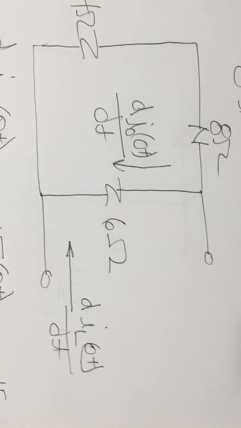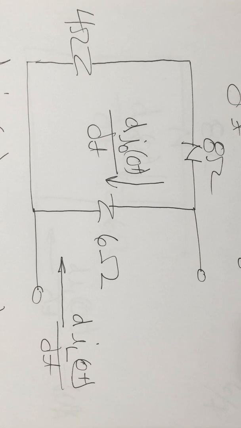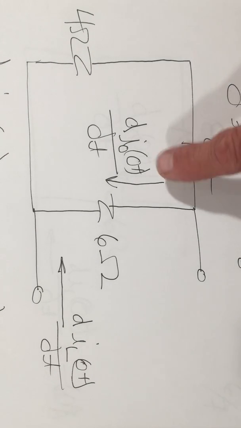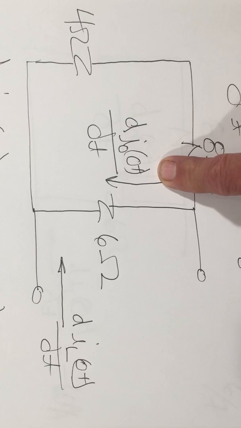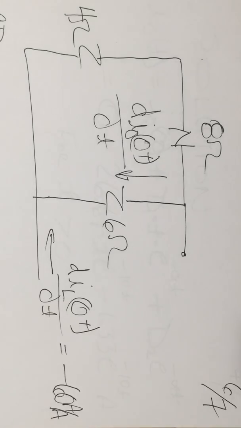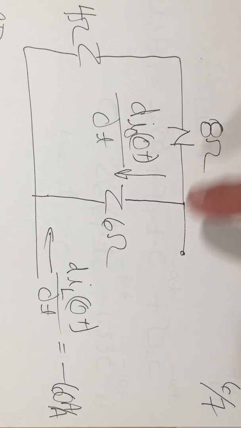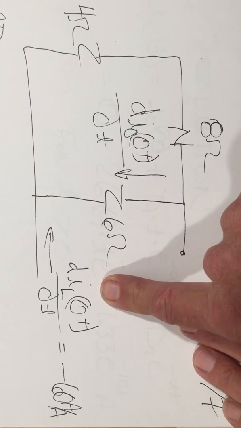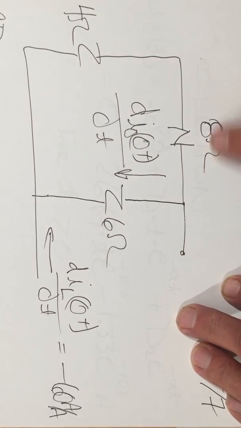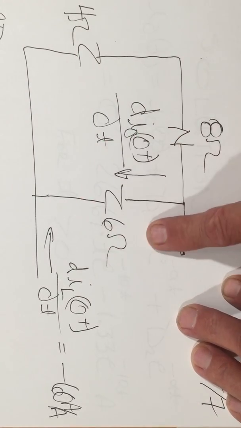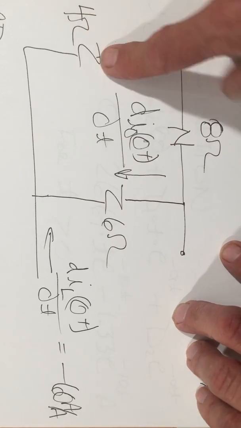I need to do the current divider now across these resistors to figure out dIO(0+)/dt. This is minus 60. I always pick the ones I don't want over the ones I want, and opposite.